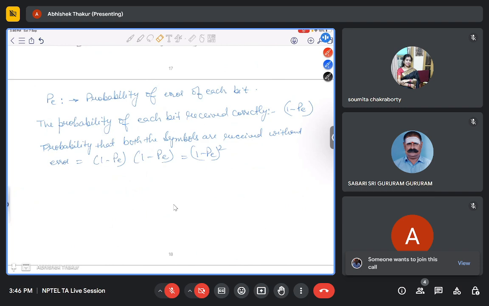Now we have to find the symbol error probability. The probability of symbol error is the probability that one or both bits are in error. Let's suppose transmitted is 0 0. When received is 0 1, 1 0, or 1 1, in all these cases there is a symbol error. So that is equal to the probability that one or both bits are received incorrectly.